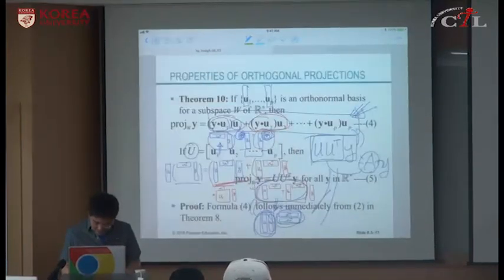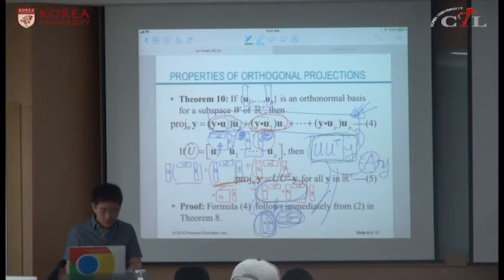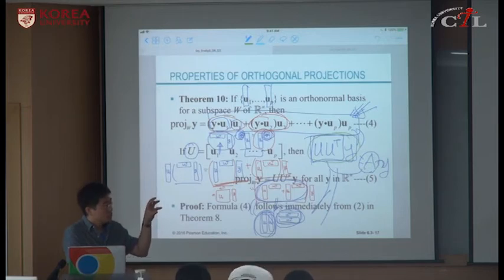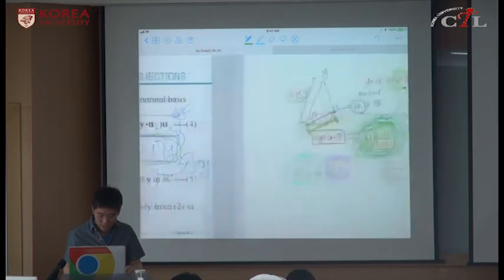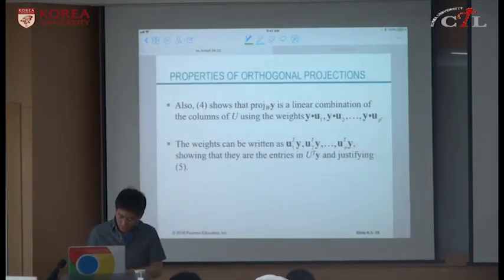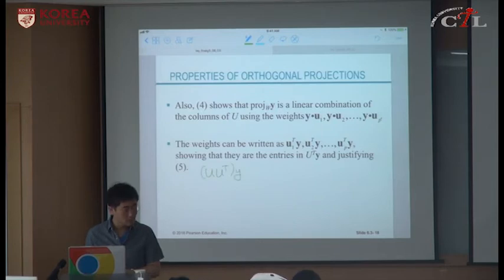Okay, and then let me add one more thing over here. We understand this U transpose y as a linear combination by considering the U transpose matrix first, right? We can also understand this in a slightly different manner. We have this U transpose and y, which is what we obtained.